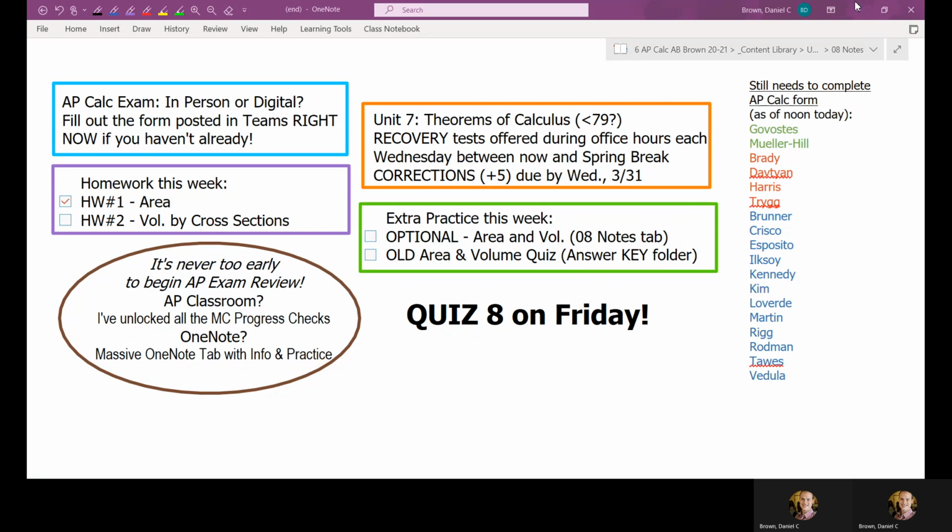Do I need to solve number 8? No, you don't need to solve number 8. It just wants you to do the setup. It's basically making you work backwards, looking at the formula, can you figure out what the functions are?